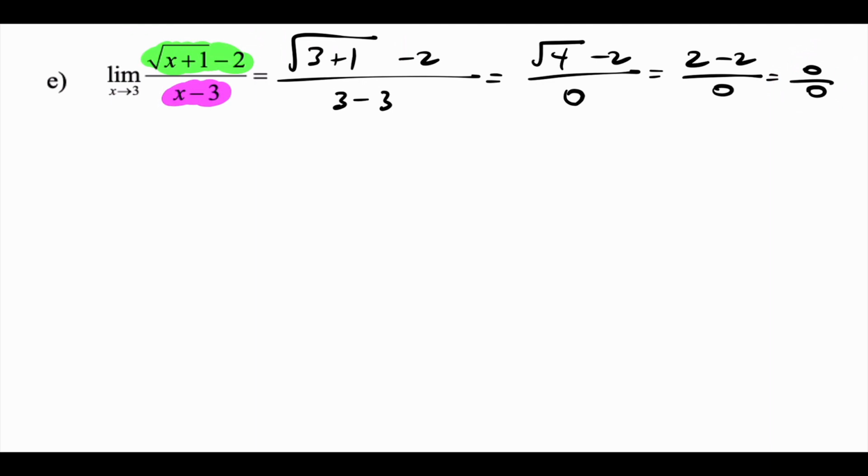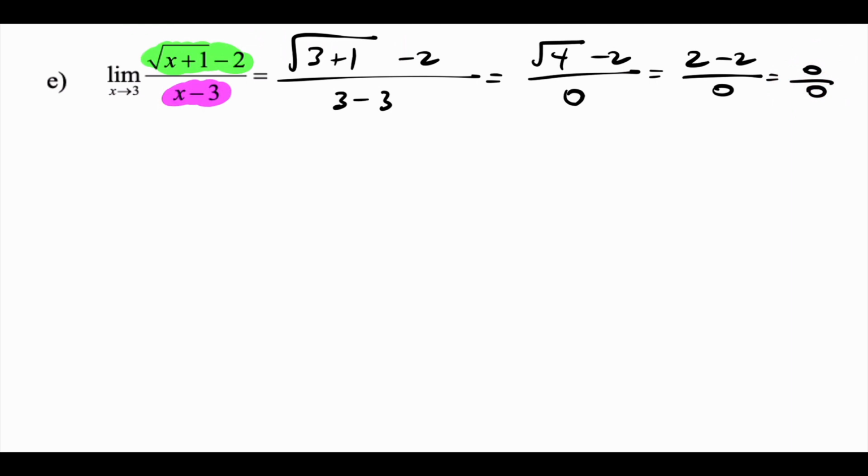Because I got 0 on the bottom. If I had any other number than 0 here, I would be completely done with the problem. 0 on top means nothing. I could get 0 on top, but I can't get 0 on the bottom. So even though the green looks pretty ugly, and it is because it's got a root, it's not causing me issue. The pink on bottom is the one causing me the issue.